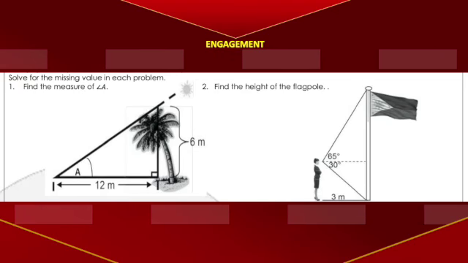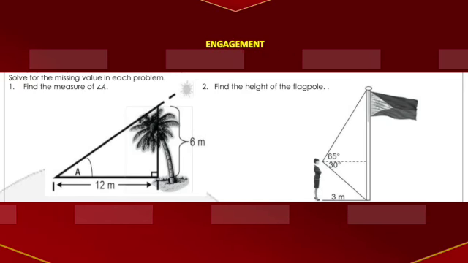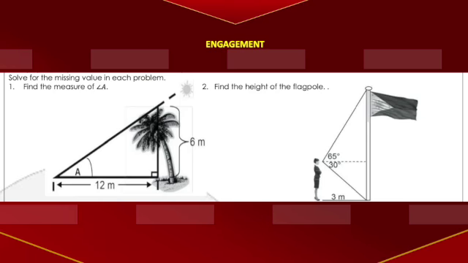Madali lang to. Number 1, find the measure of angle A. If you look at the figure, no? Yung height ng tree is 6 meters, then the distance from the tree going down to the object is 12 meters, and then ang hahanapin natin is angle A. Actually, this is angle of elevation. So alamin natin, no?